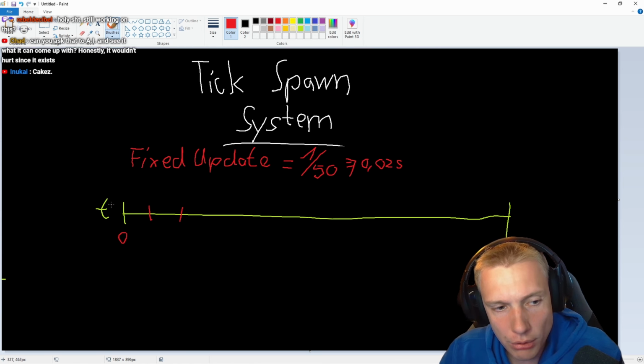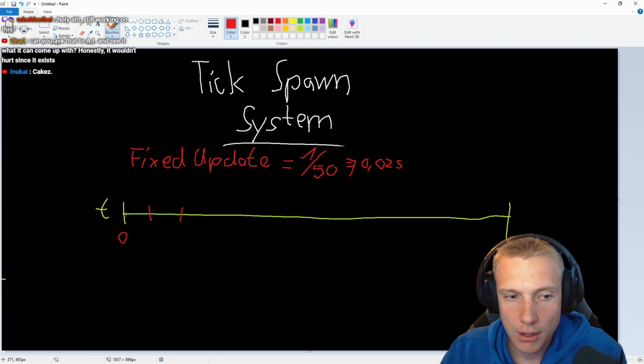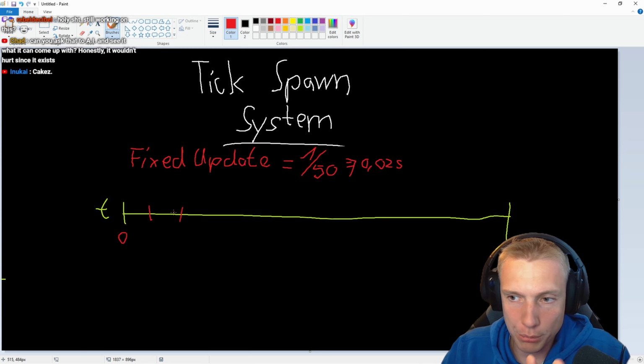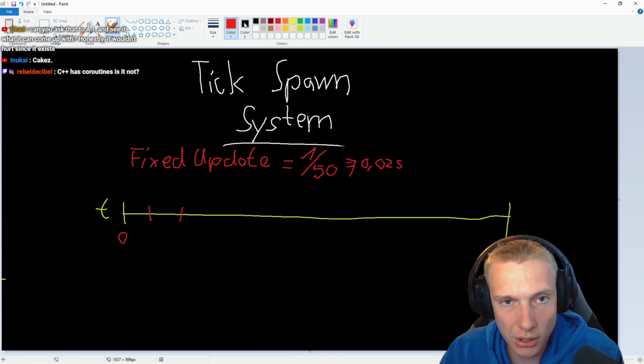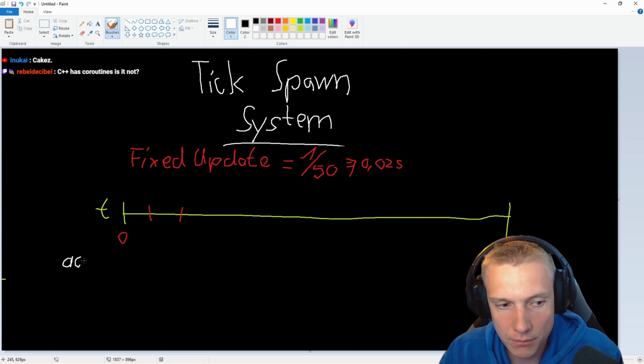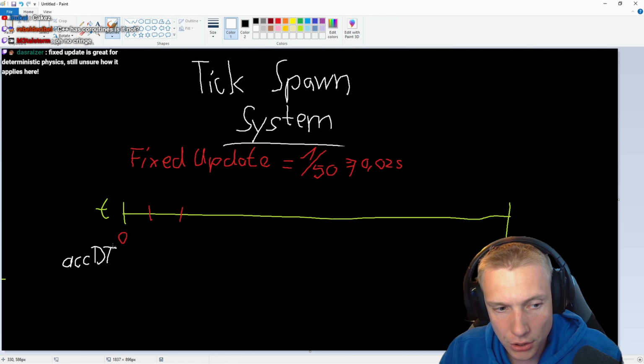And what you do here is you let your game run as fast as possible. And that would be the rendering time. You accumulate delta time essentially. So what you create is some sort of accumulated delta time. And in most cases, this accumulated delta time is being accumulated using what we call the frame time.